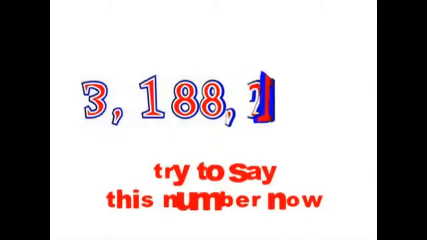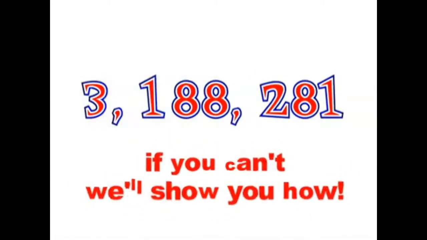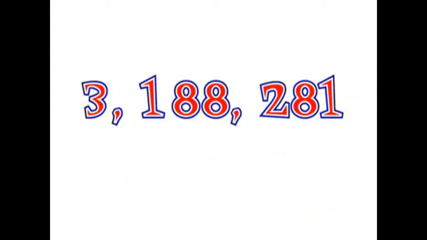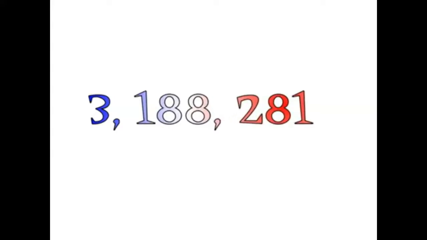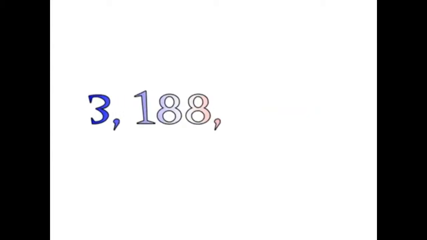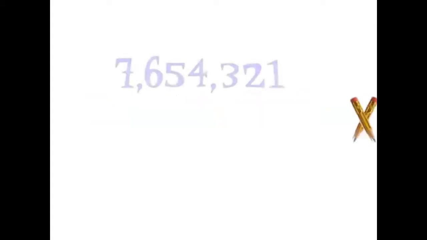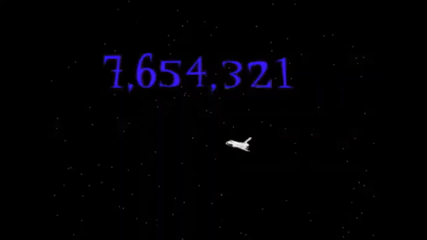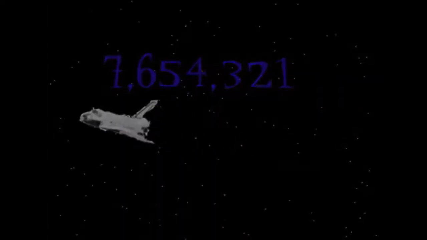50,000,324. Try to say this number now. If you can't, we'll show you how. Try to say this number now. If you can't, we'll show you how. 3,188,000. 7 digits down the line gives you millions every time. 7 digits right to left, a million reasons you're the best.